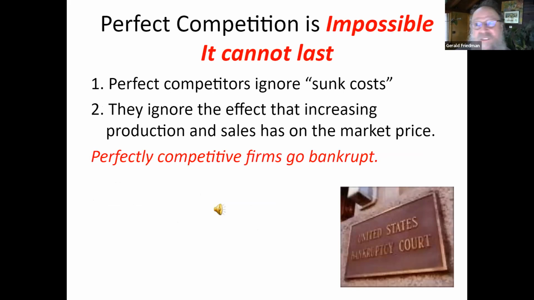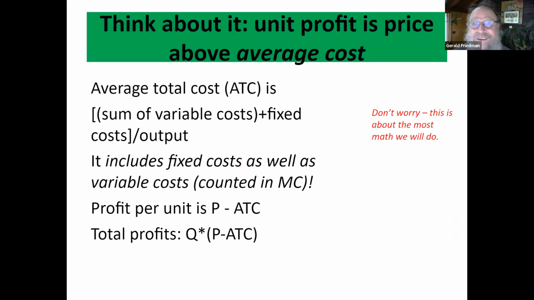And just as well, because perfect competition cannot last. Perfect competitors ignore their sunk costs. They eventually go bankrupt. And here you get a tiny bit of algebra or arithmetic. Unit profit is the price above my average cost, not above marginal cost.